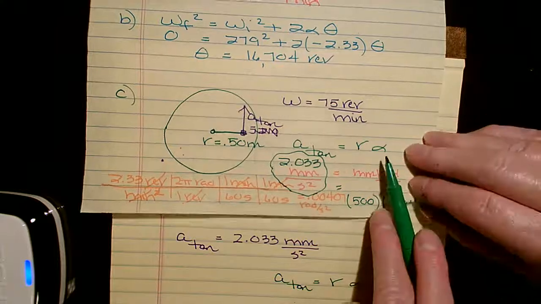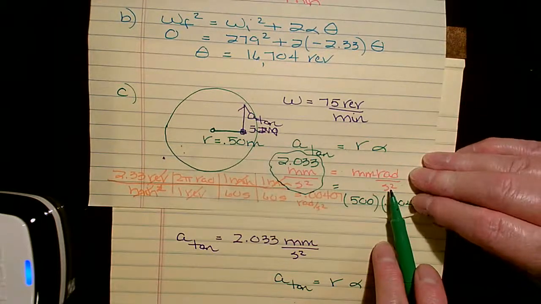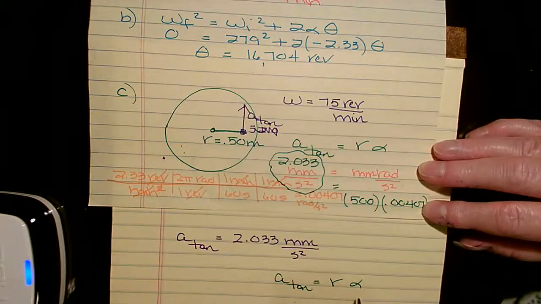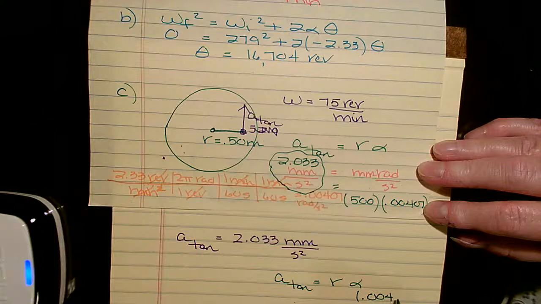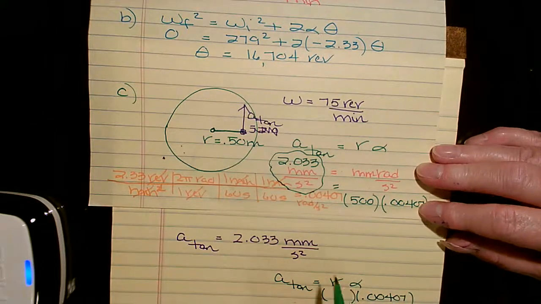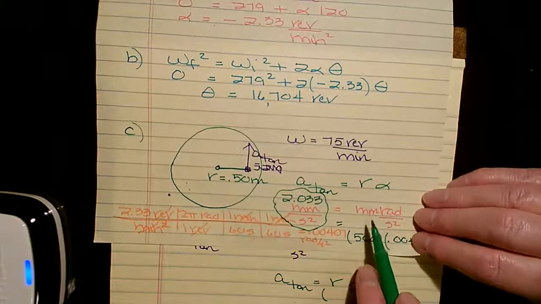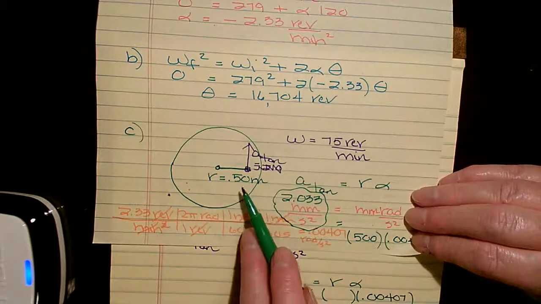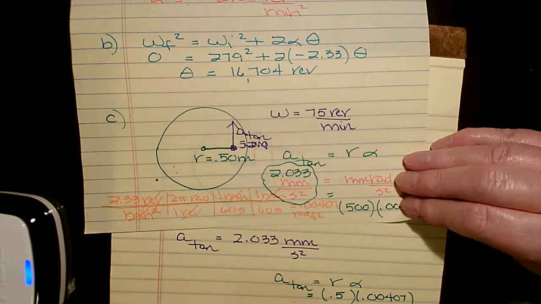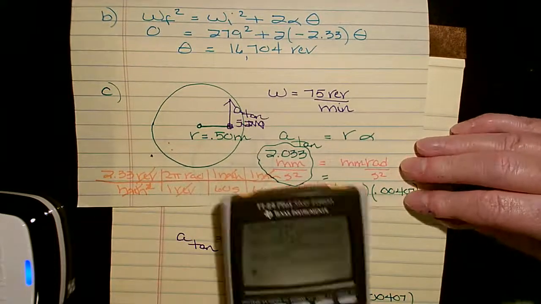All right, so I want my acceleration in radians per second squared. We did that. That was this. So I'm going to plug that number in, 0.00407. And this time I need my radius to be in not millimeters, but meters. So I'm going to put 0.5. And now I'm going to number crunch to find A tan.